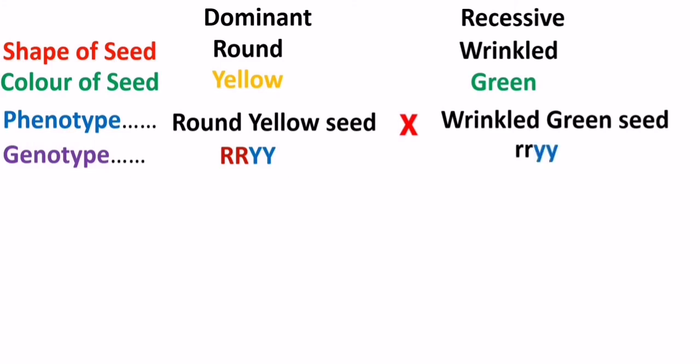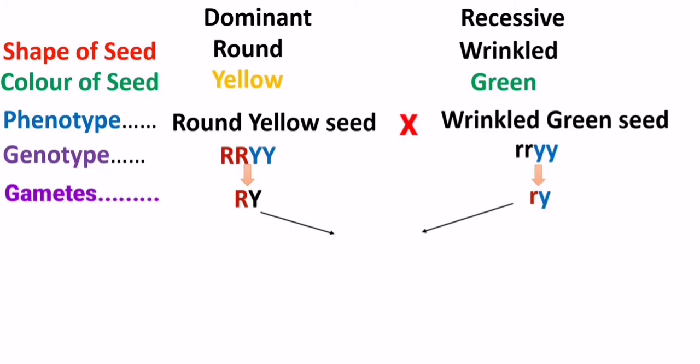And the genotype here will be small r small r, small y small y. Gamete formation: capital R capital Y, small r small y. After crossing, you get round yellow heterozygous form, capital R small r, capital Y small y in the F1 generation.